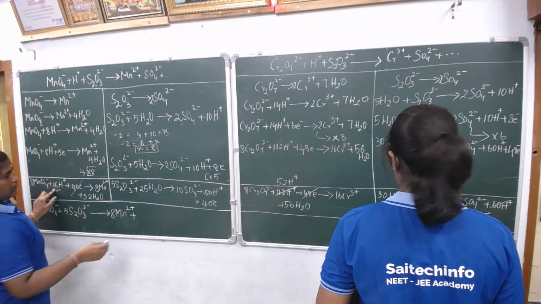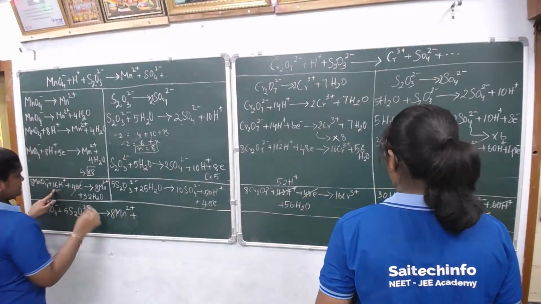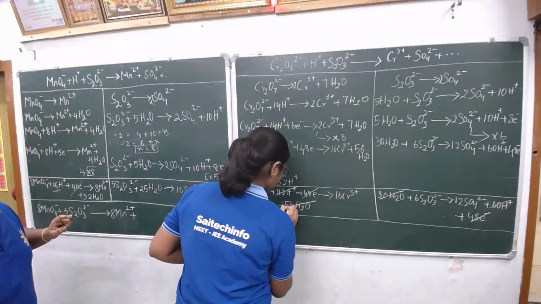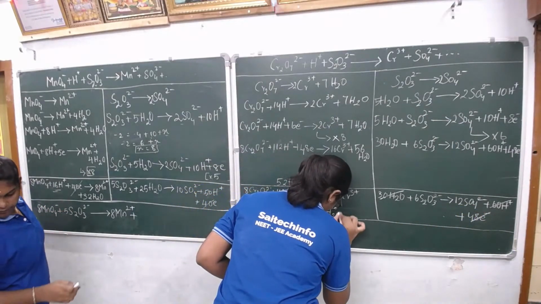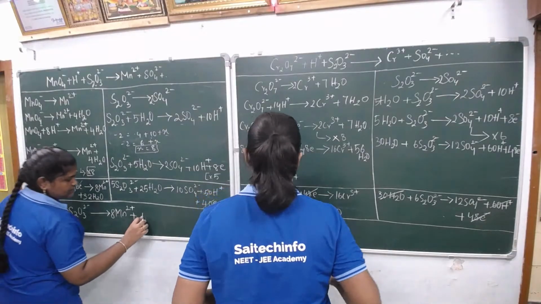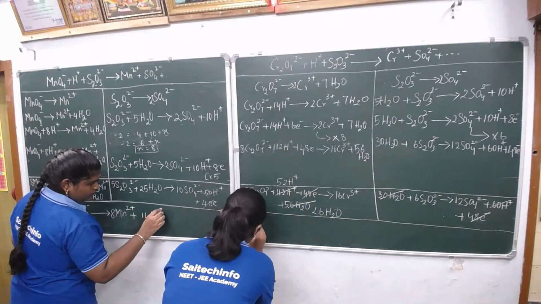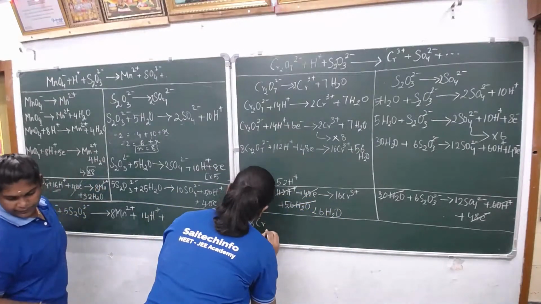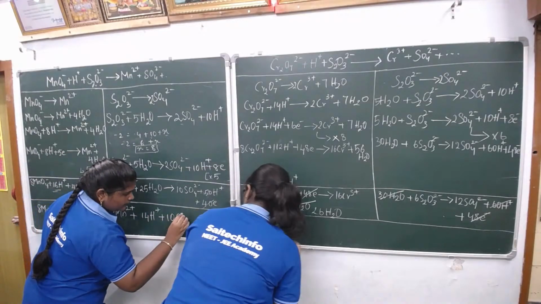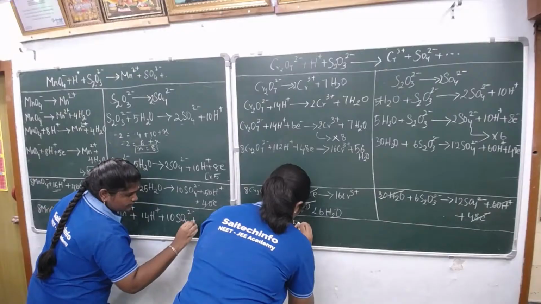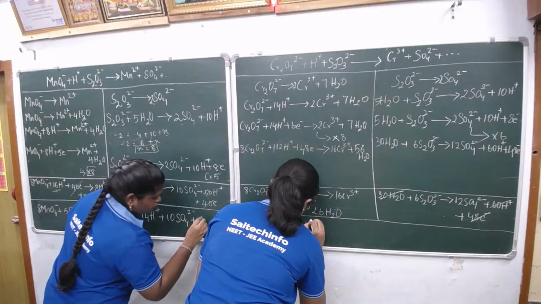So here for 50 minus 16 we'll be getting 14H plus, 10 SO4 2 minus plus 7H2O.